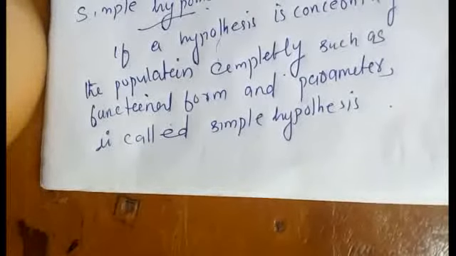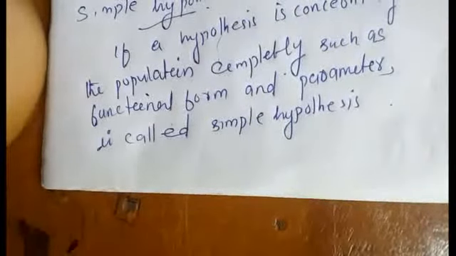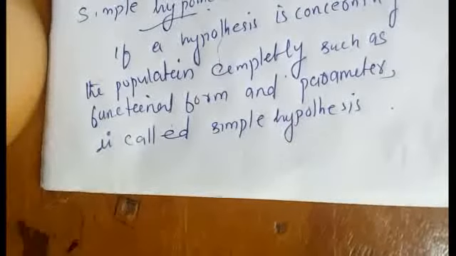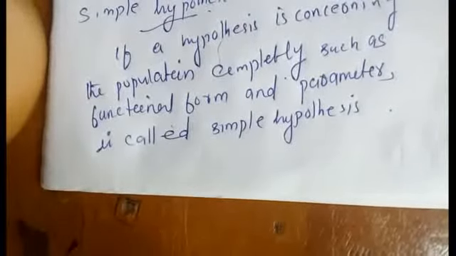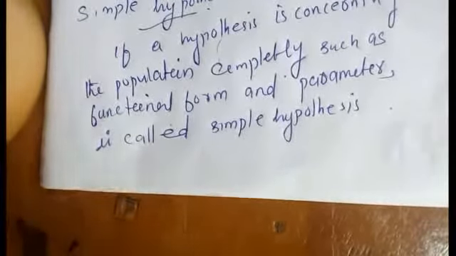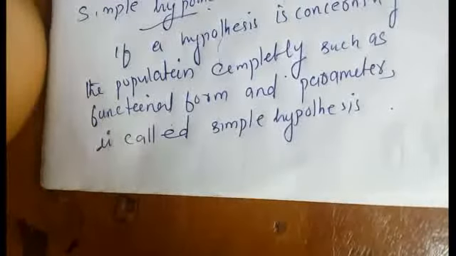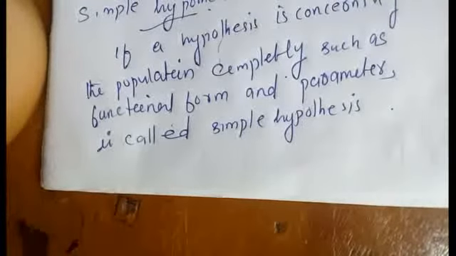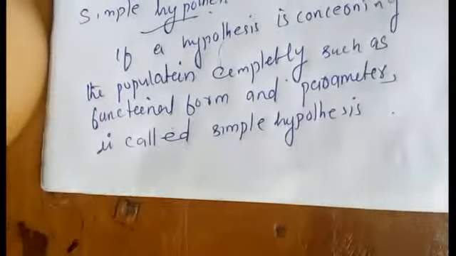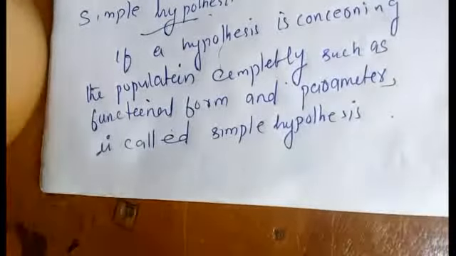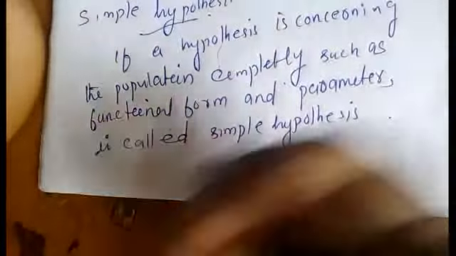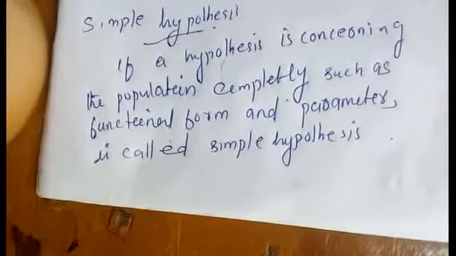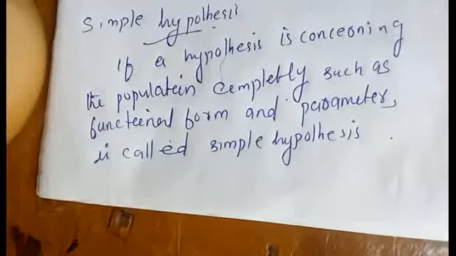For example, our statement is lower level of hemoglobin. This is an independent variable, and it depends on risk of infection, which is dependent. So we have a relation between these two variables. Such a type of hypothesis is called a simple hypothesis.